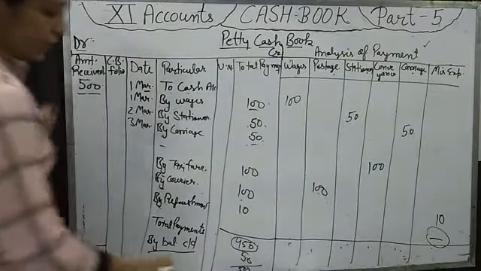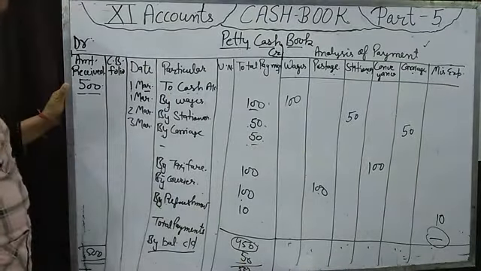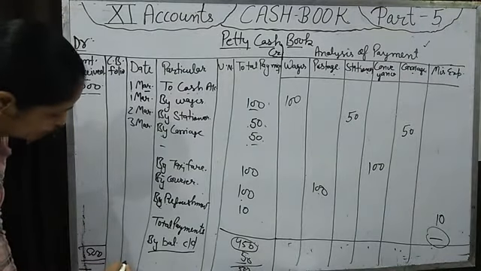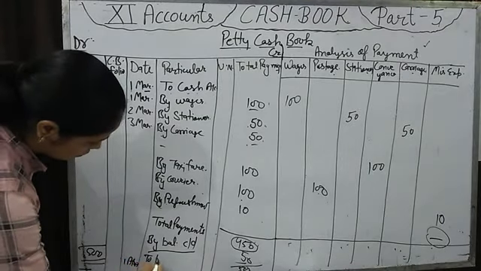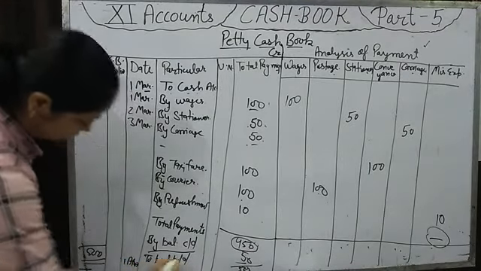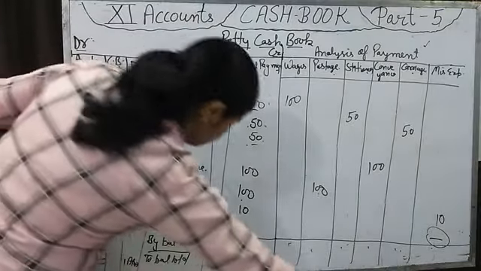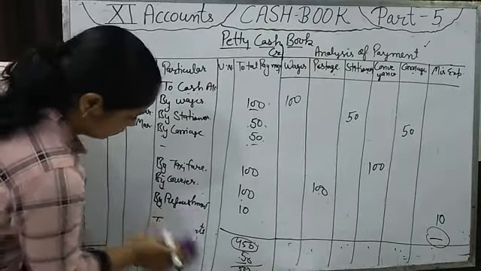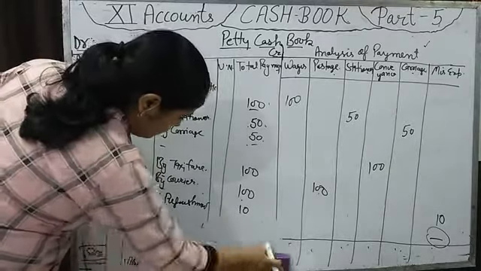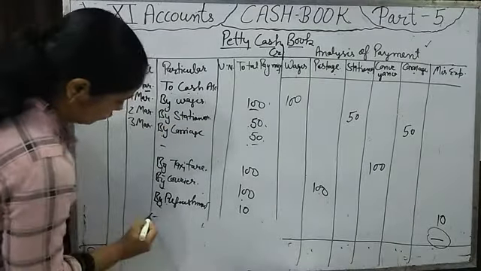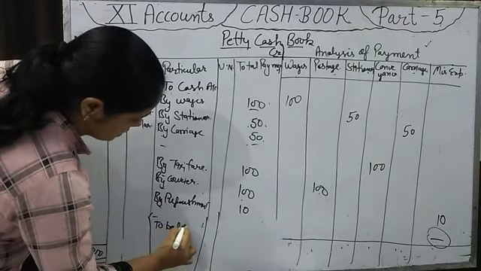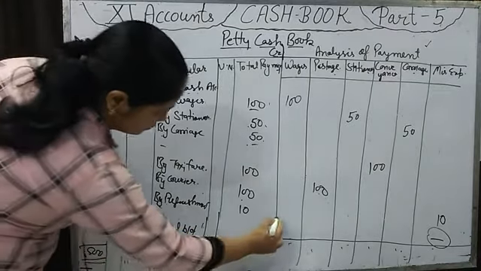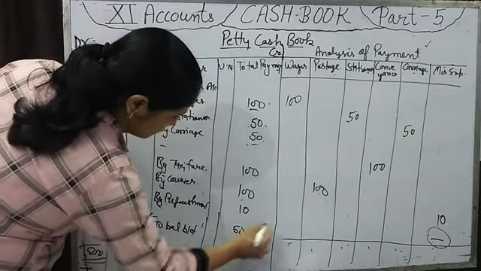After that, when next month on 1st April we are having 50 rupees, then on 1st April we will write to balance brought down 50 rupees.